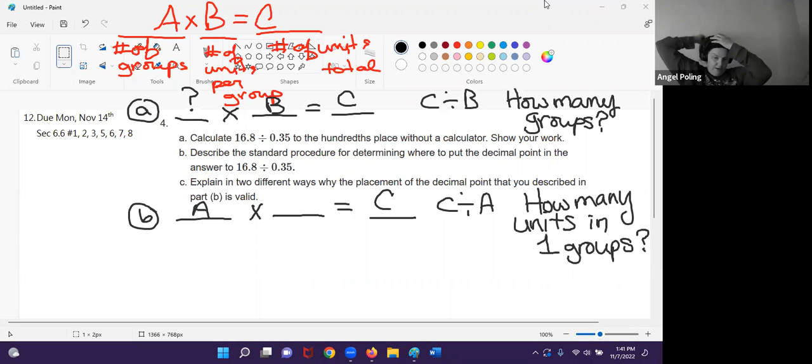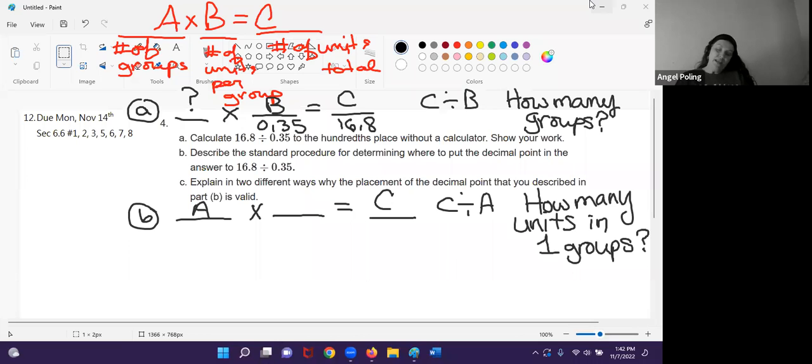Okay, now let's put some units on here so that we've got words, right, to try to construct a problem around. We know that the 16.8 is going to go in the C position, and the 0.35 is one of our factors, right?